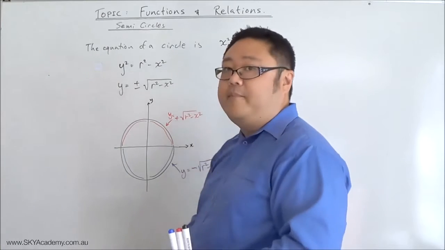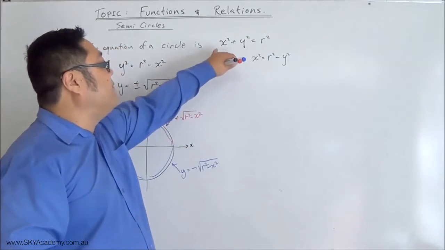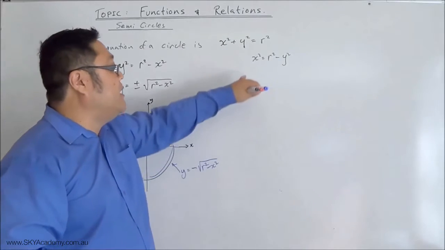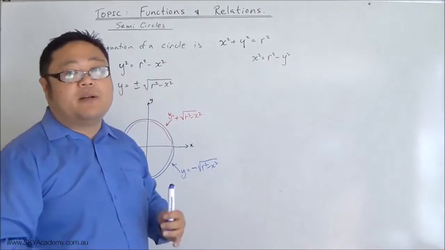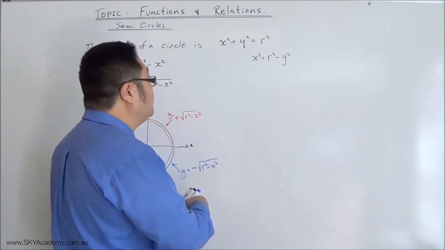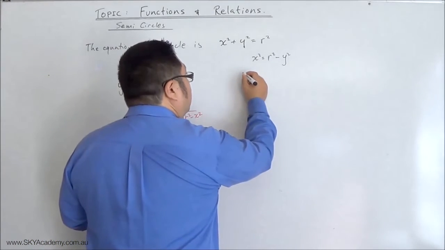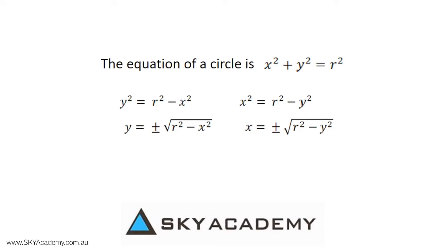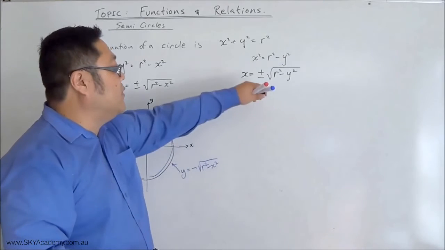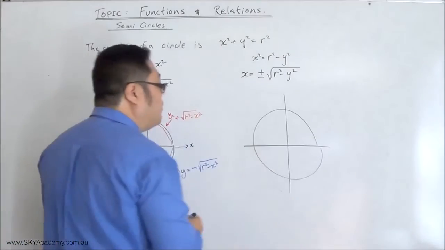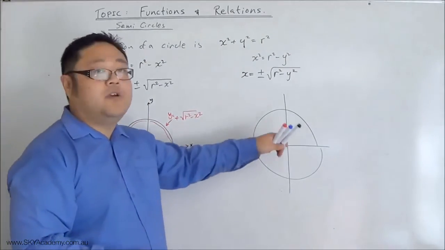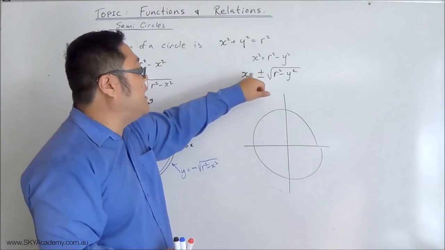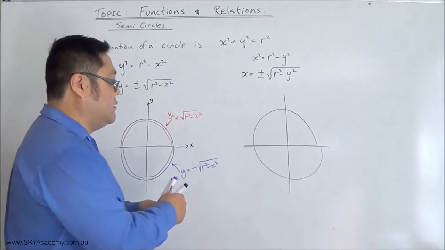Now, on the other side, we've got the same function x squared plus y squared equals r squared being represented as x squared equals r squared minus y squared. You undo the square and you've got x equals the square root of r squared minus y squared. Yep. Now, remember also we have to take into consideration the positive and the negative answers. So we do that, which means that we're left with a circle, right, where the positive half would be all the parts where x is positive.